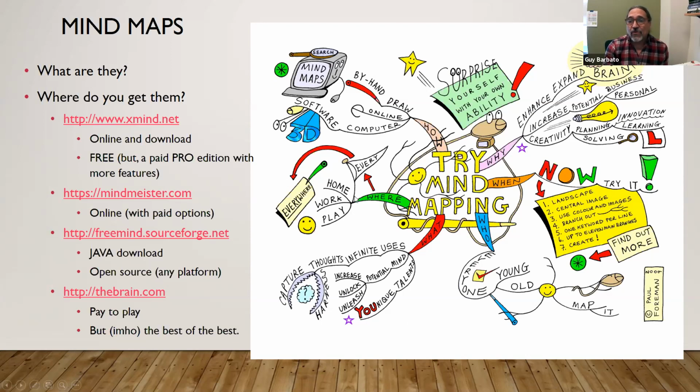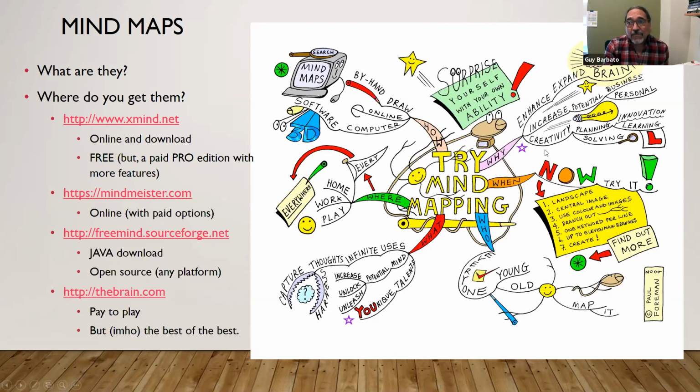Where do you do it? You could use it at home, at work, for your entertainment. Basically, you could use it every place. What do you do with it? The idea is to find ways to capture and organize your thinking processes. Again, I'll show you some examples of this in just a moment.